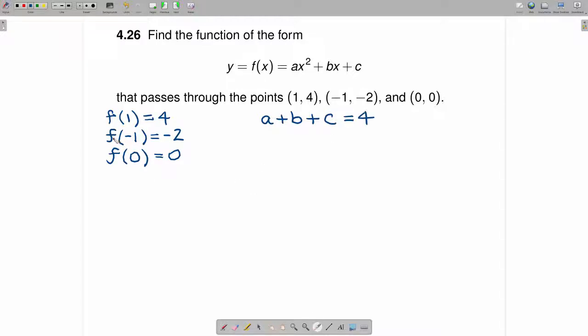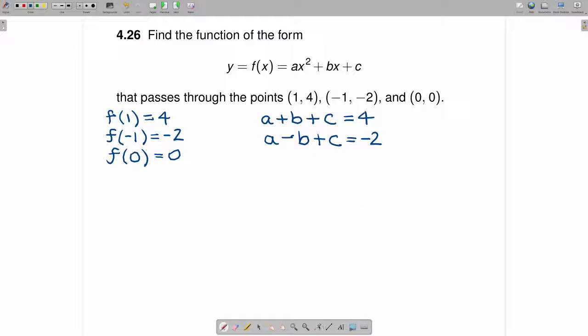Let's take this second equation, f of -1 equals -2. Well, f of -1 will be a times (-1) squared, and that is just a, plus b times -1, that's going to be minus b, plus c is equal to -2.